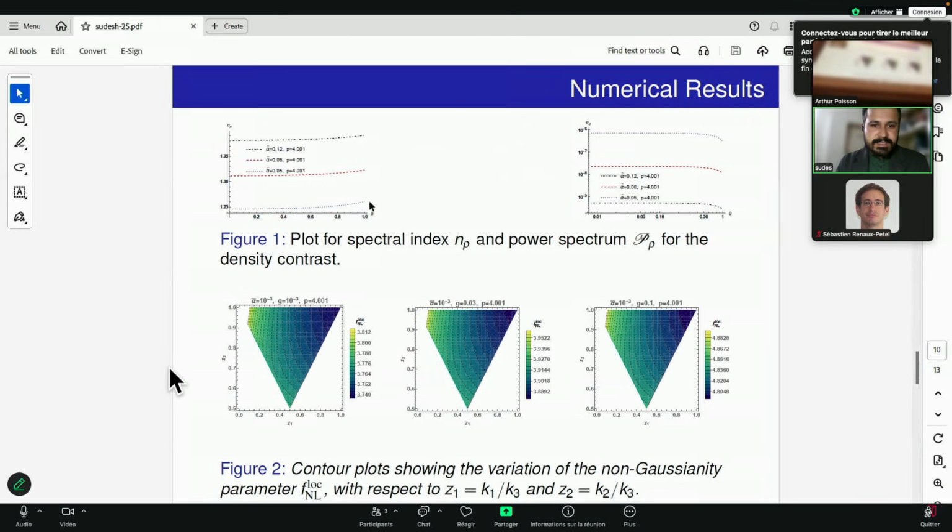Finally, there are some numerical results. We see that at large g values, the spectral index increases, and at large g values, the power spectrum decreases. So the effect of the Yukawa coupling at large g is dominating, but at small values of g it is not dominating.